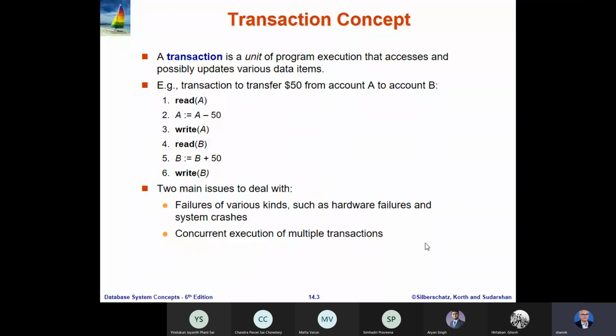Suppose in a database application we want to transfer some amount of money, say $50, from account A to account B. There must be some initial balance in account A, presumably more than $50 unless there is an overdraft. Account B also has some balance, and we are transferring $50 from A to B. We first read A. Say the initial balance of A was 1000 and the initial balance of B was 2000.